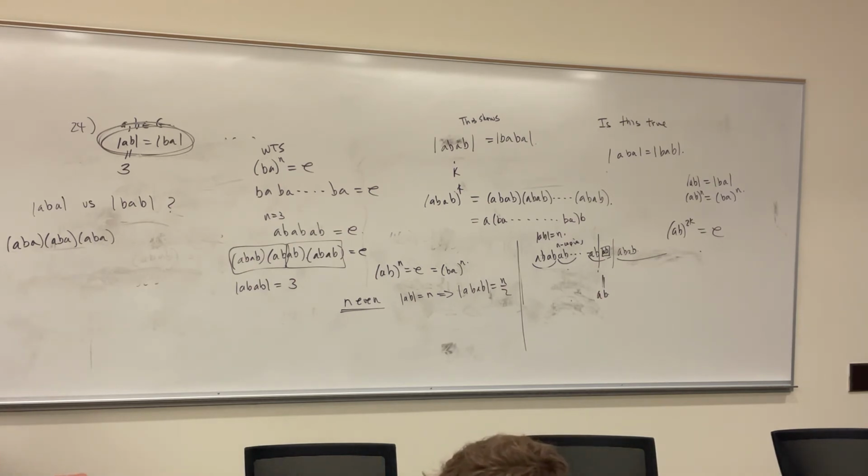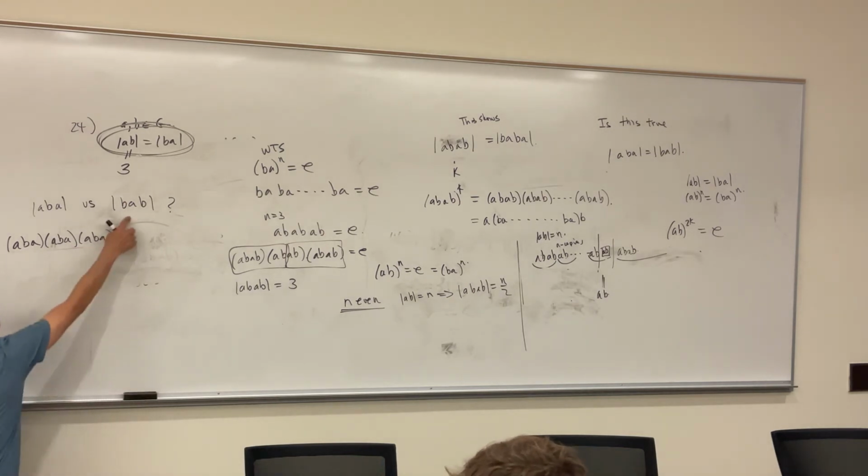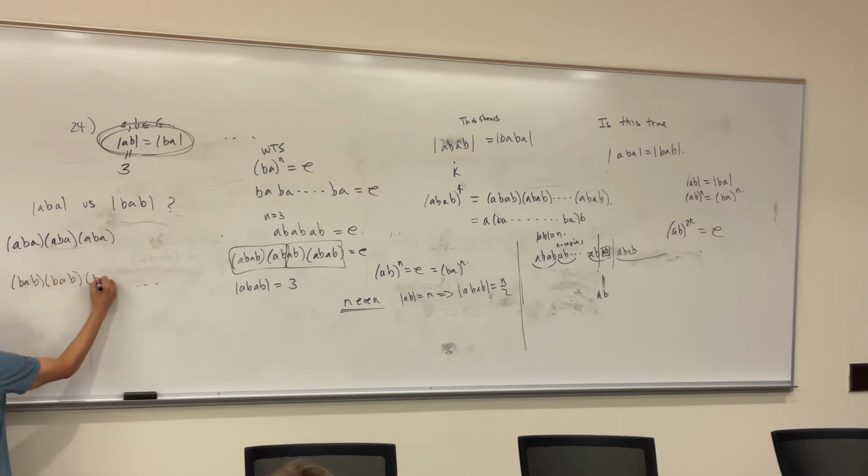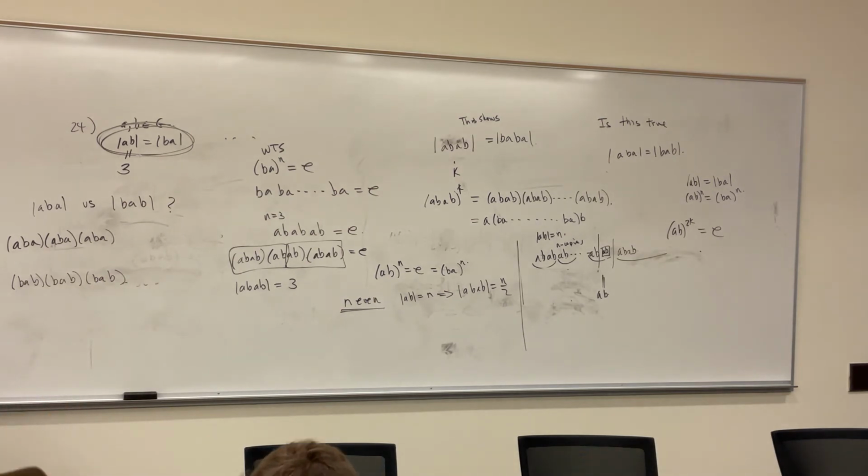So I don't think we can say anything about that. So what is this then to the third? It's BAB, BAB, BAB. Yeah, that looks terrible. I don't know what we do with B squareds and the A squareds, how we can possibly reconcile that.